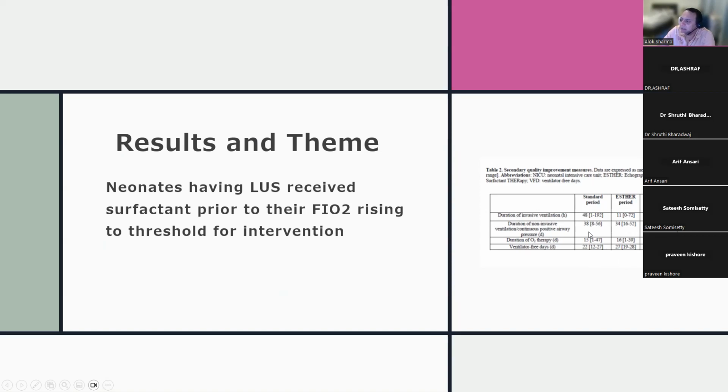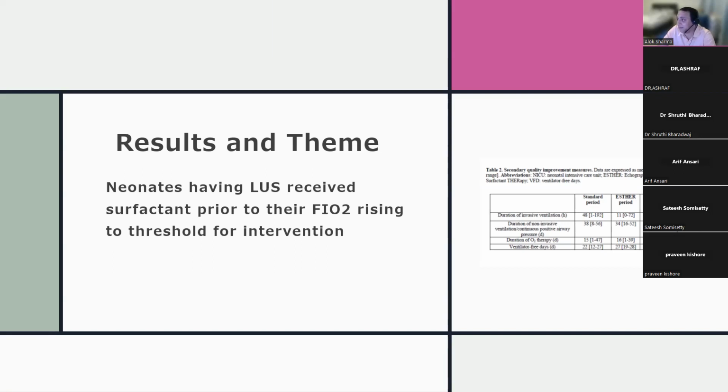Again, the difference in BPD between the group of babies who had lung ultrasound versus those who were treated by FiO2 alone was not significantly different, but you must understand that this is a quality improvement project. It's not a randomized controlled trial and wasn't powered to look at those differences.